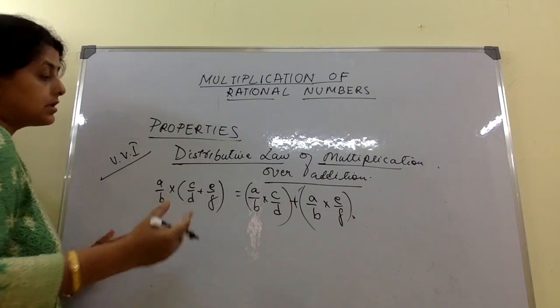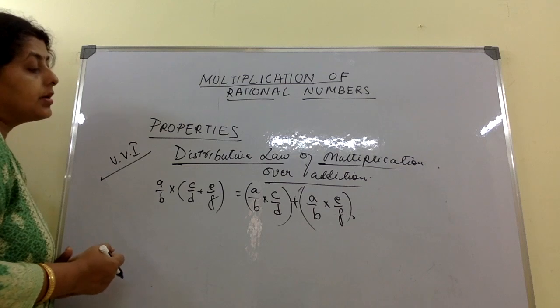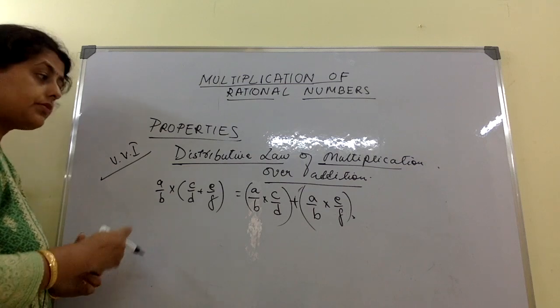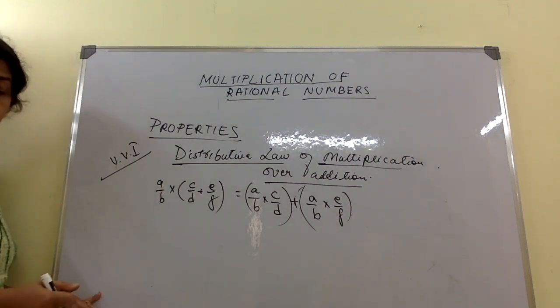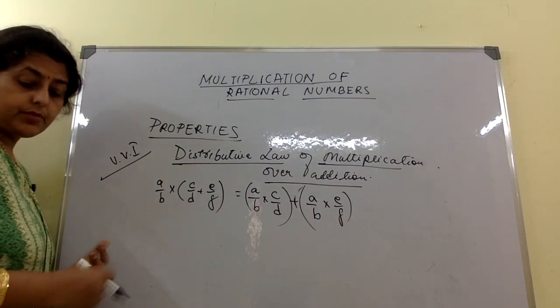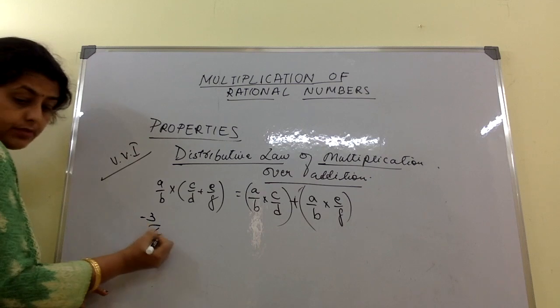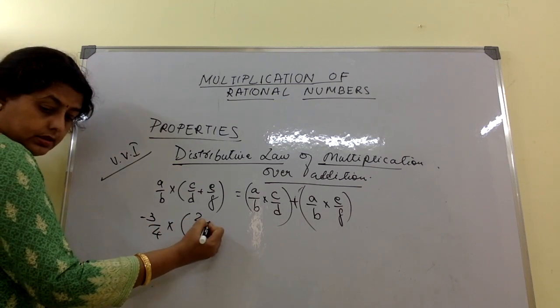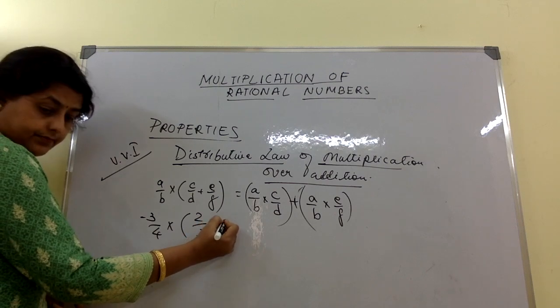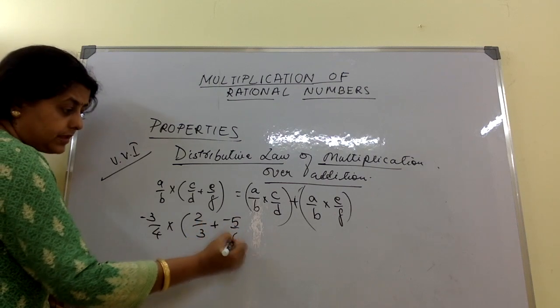Now what is it all about? It is basically a shortcut that we use. So let's try it with some numbers. Minus 3 by 4 into 2 by 3 plus minus 5 by 6.